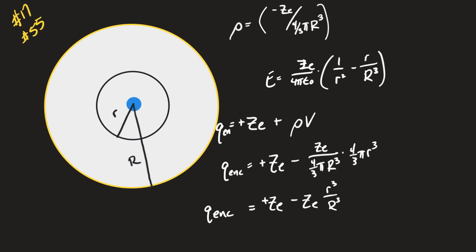And for just a moment, I'm going to contemplate the flux before I go to a clean page. The flux is going to be E dot dA. Looking at this, can we all agree that the electric field is going to be in this direction, radially outwards? It might be radially inwards, but I think there's going to be more positive than negative charge until we get to the edge.